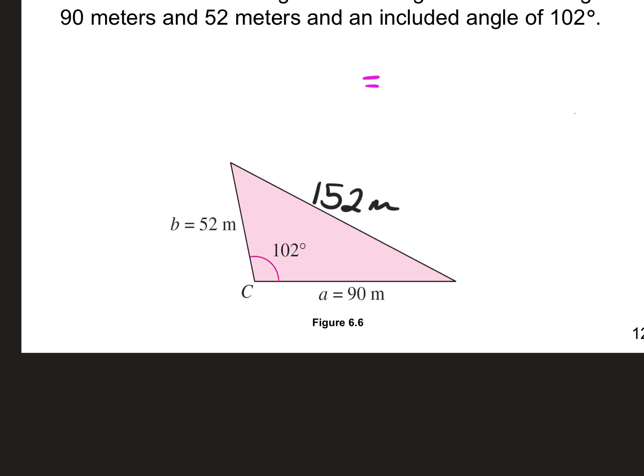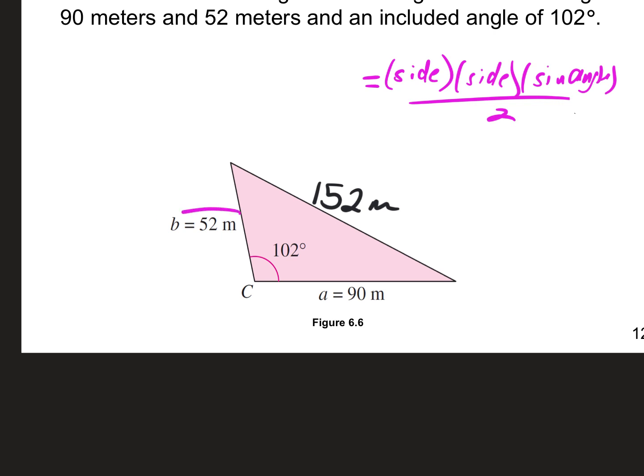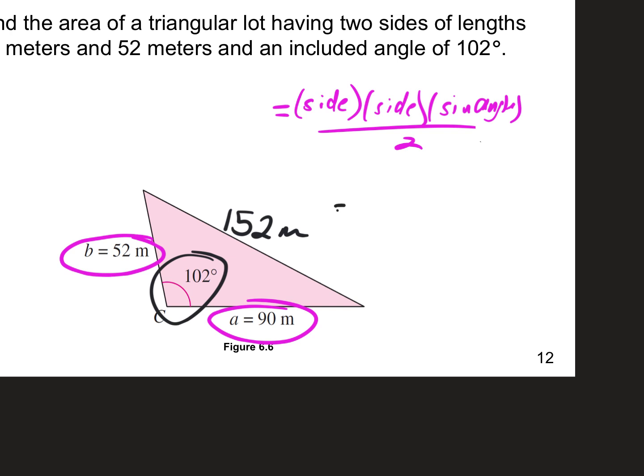In order to use this formula of side times the sine of the angle divided by 2, you need 2 sides and the angle that does what? Connects them. The angle that's in between. Does that 152 have anything to do with this problem? No, it's just there to throw you off. In order to use that area formula, you need the 2 sides and the angle that connects them, like it's in between them.